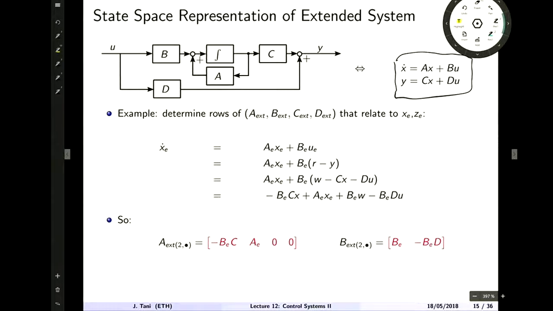To whom is it not clear what XE dot is? Okay, it's clear to most, that's good. So what is it? It's simply A times XE plus B times UE. Let's say this is UE, this is YE, and here we have XE. So it's A times XE plus B times UE.